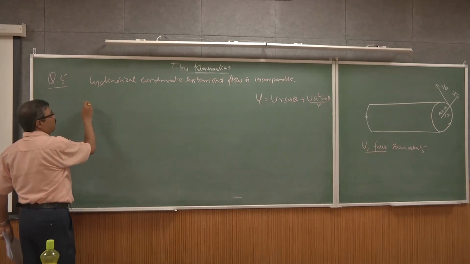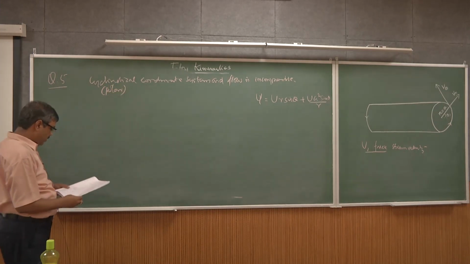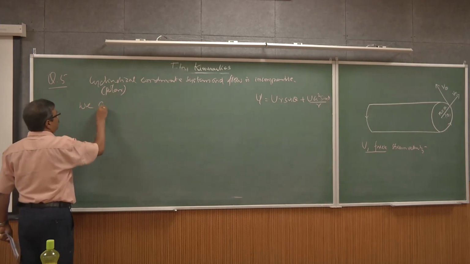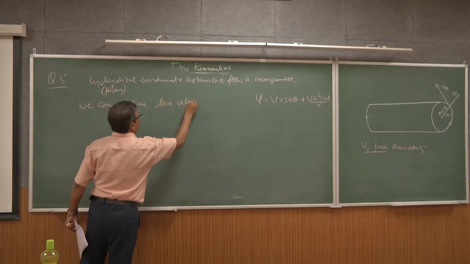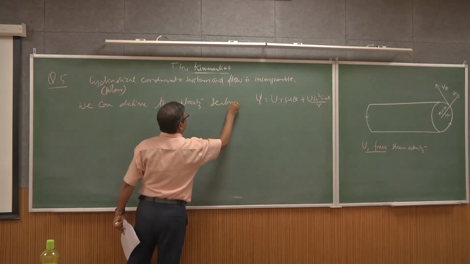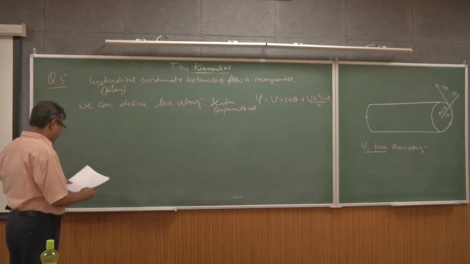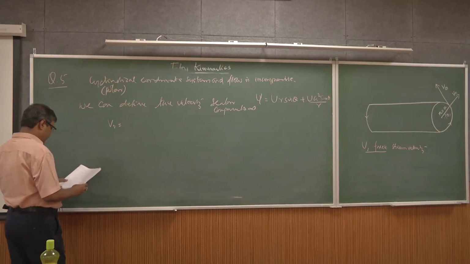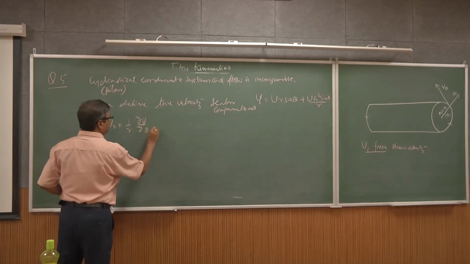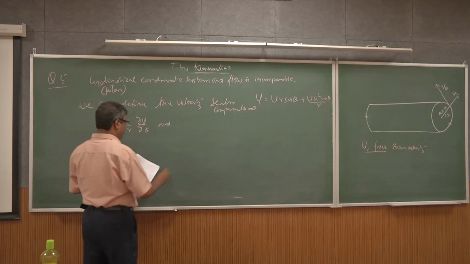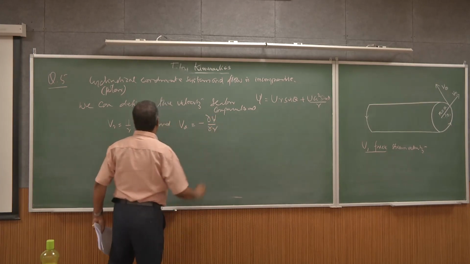So in cylindrical coordinates or the polar coordinate system, we can define the velocity scalar components as given like this: V_r will be 1 by r partial psi by partial theta, and V_theta will be minus partial psi by partial r.